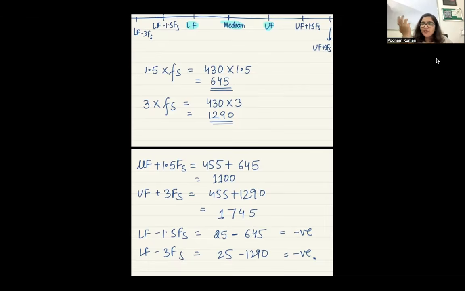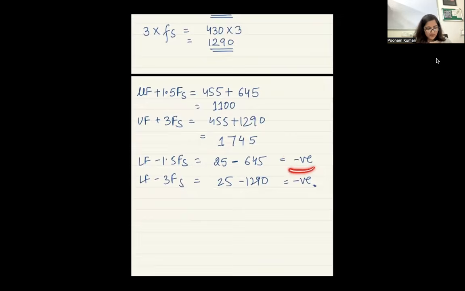No, ma'am. Your number has to be greater than 1100 to be called a mild outlier, but your marks can't be greater than 800. Your number has to be greater than 1745 to be called an extreme outlier, but your marks can't go greater than 800.